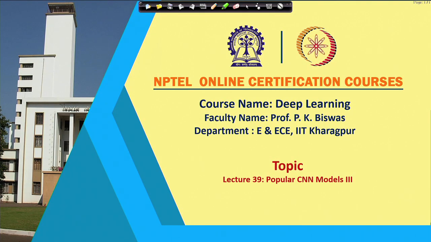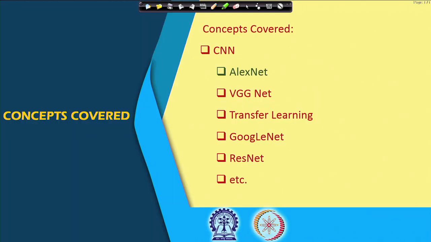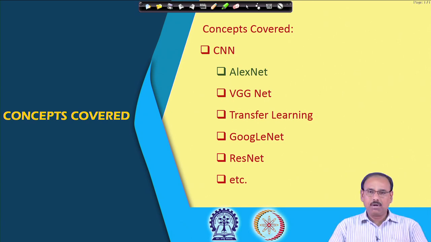We are discussing various popular convolutional neural network models, and in our previous class we talked about AlexNet. We have seen that AlexNet consists of a number of convolutional layers, max-pool layers, and fully connected layers.